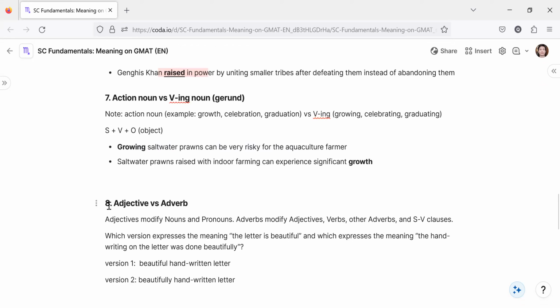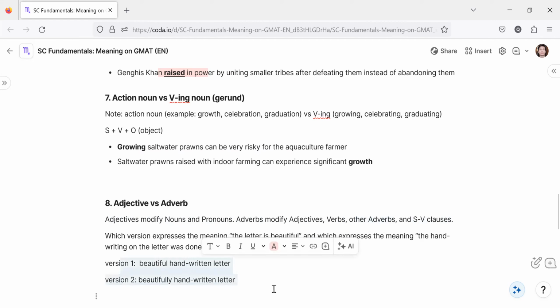Okay, eighth rule, adjective versus adverb. Grammatically speaking, adjectives always modify nouns and pronouns and nothing else. Adverbs, on the other hand, modify everything else. Adverbs modify adjectives, verbs, even other adverbs, and entire subject-verb clauses.